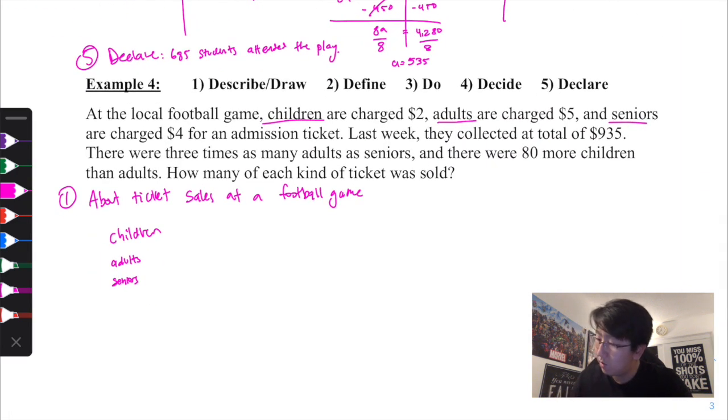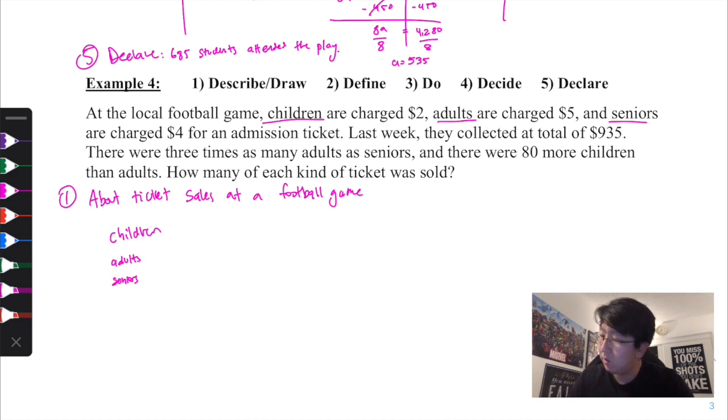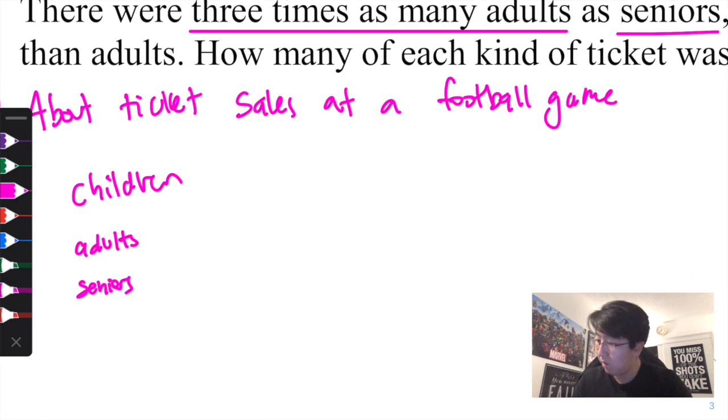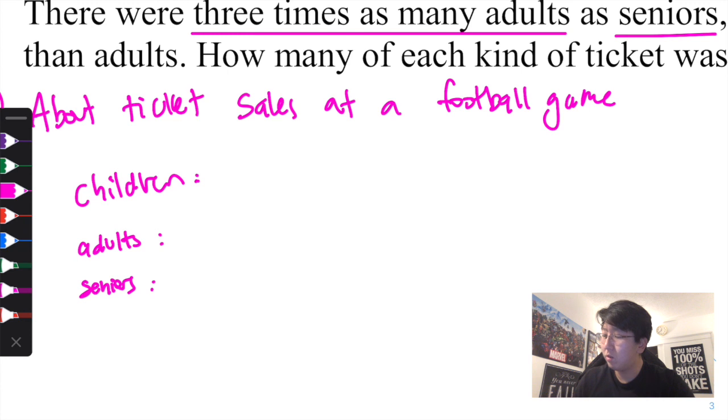So, let's read this last section to find out who's being described and who's not. There are 3 times as many adults as seniors.